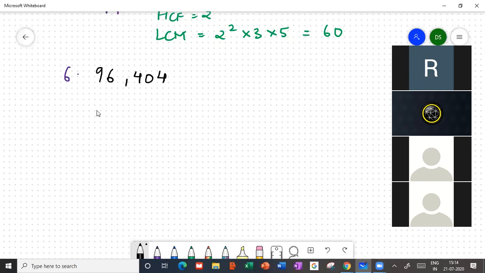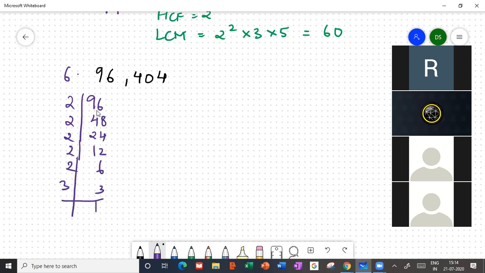You will solve it by the prime factorization method, and you are going to get 12 are, 6 are, 3 are. Similarly, you can do it for 404 and you get the factors.